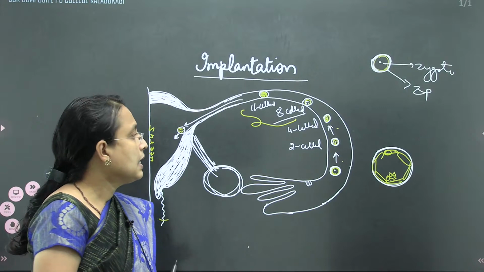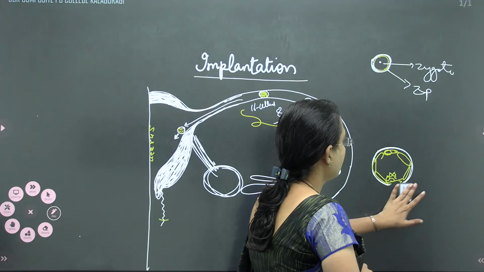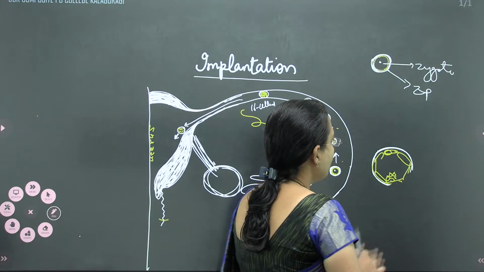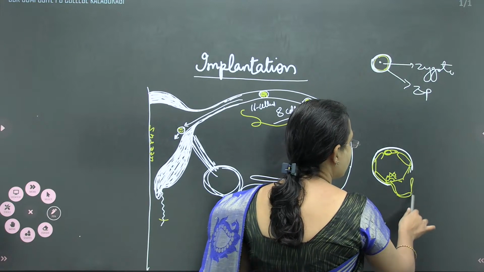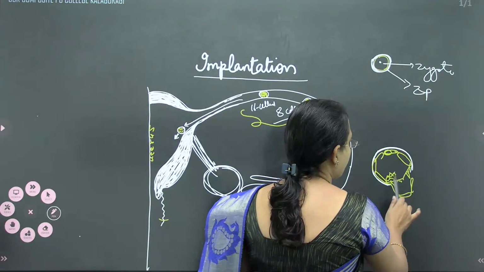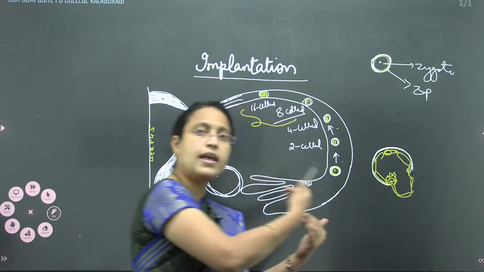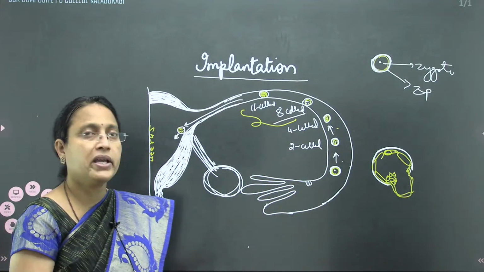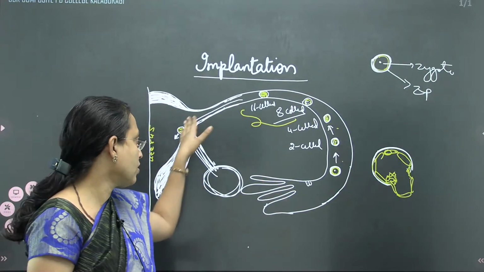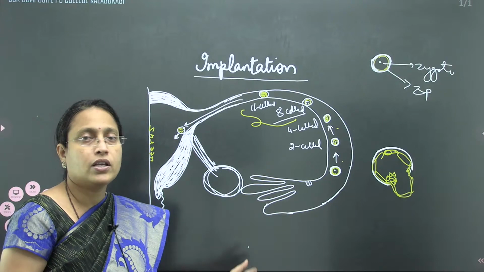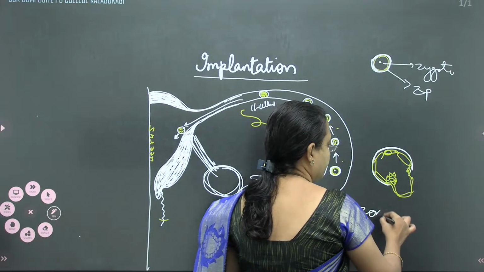Okay. Now the zona pellucida starts dissolving. When zona pellucida starts dissolving, then blastocyst starts coming out. Blastocyst starts hatching out, or coming out, because the zona pellucida is dissolved, it is disappearing in the uterus due to secretions of the uterus. So this is called zona hatching.